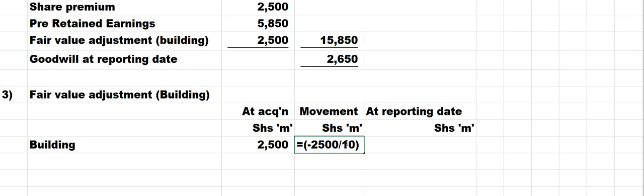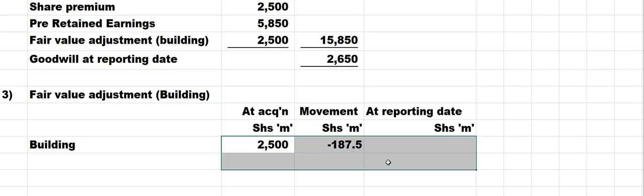But remember, the post-acquisition period is 9 months. So I have to multiply by 9 out of 12. And this gives us 187.5.